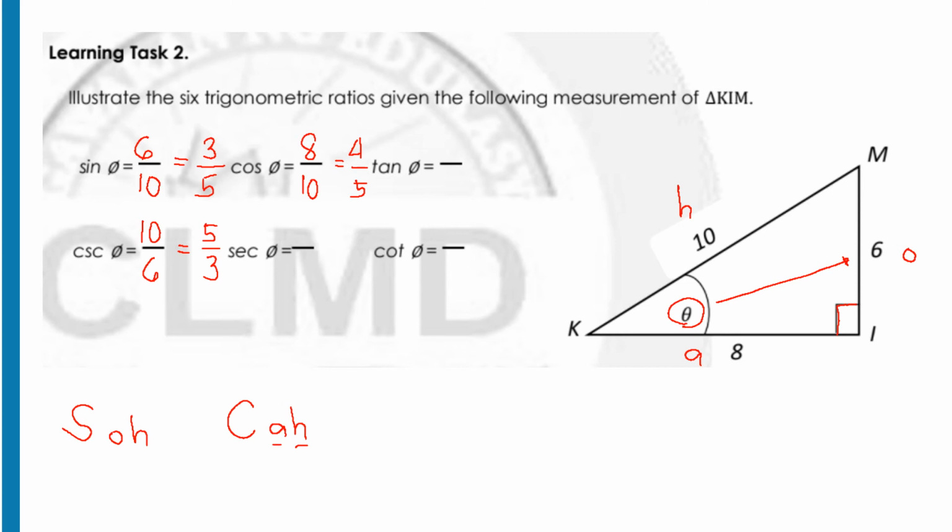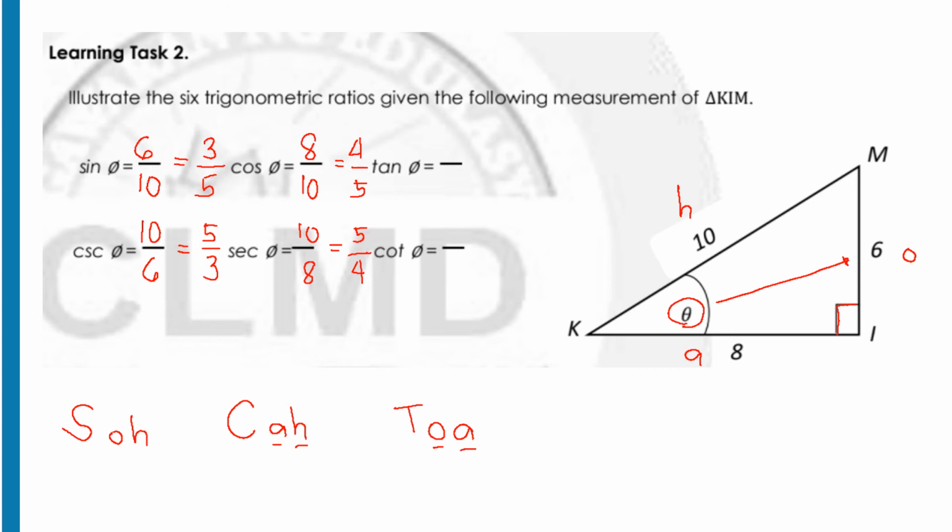And again, the reciprocal function of cosine is secant. Kaya naman, instead of 8 over 10, make it 10 over 8. And the reciprocal of 4/5 ay the 5 over 4. Next, we have tangent function. When you speak of tangent, it is TOA, na kung saan it is opposite over the adjacent.